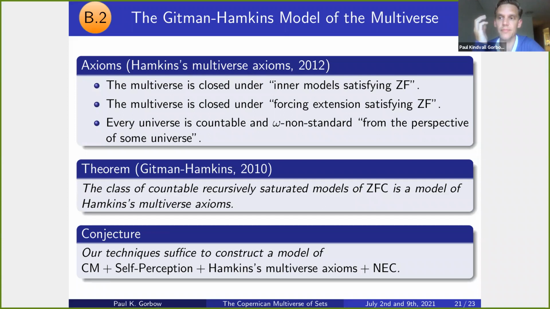And it turns out that the same kind of property is very relevant for being able to get these to satisfy these axioms of Hopkins.